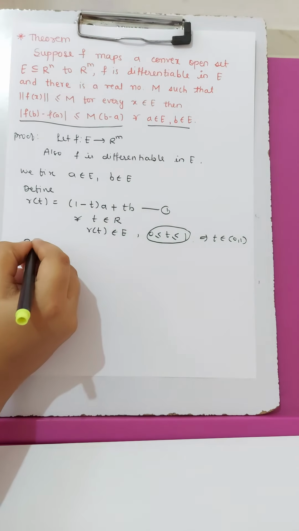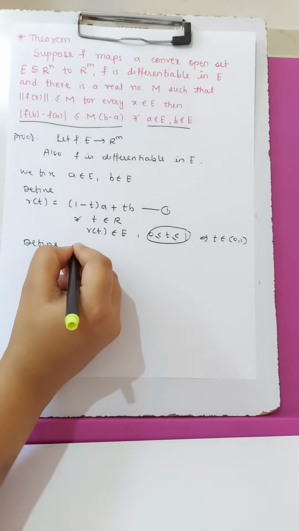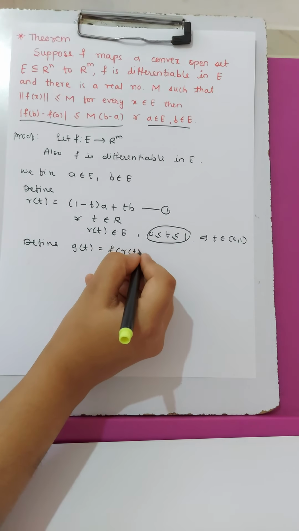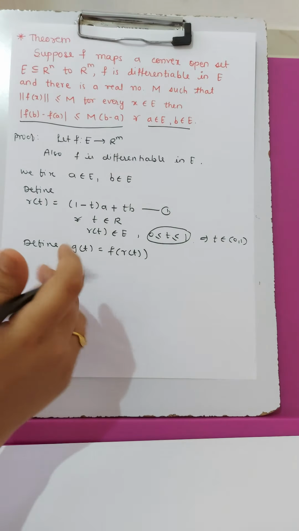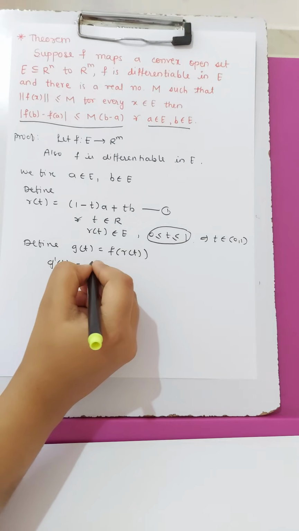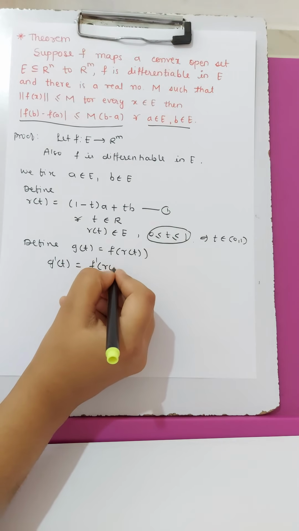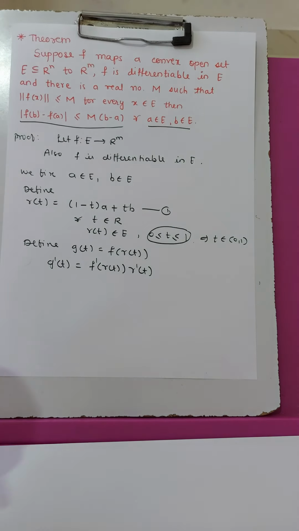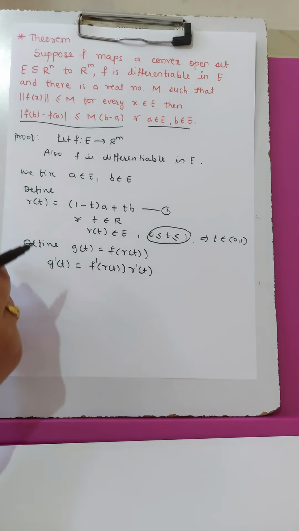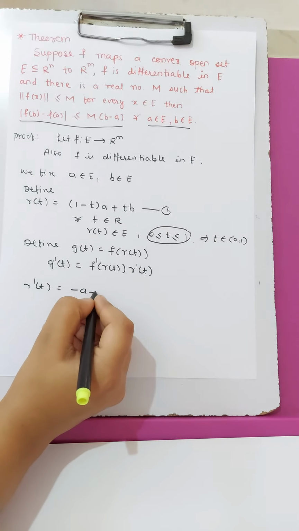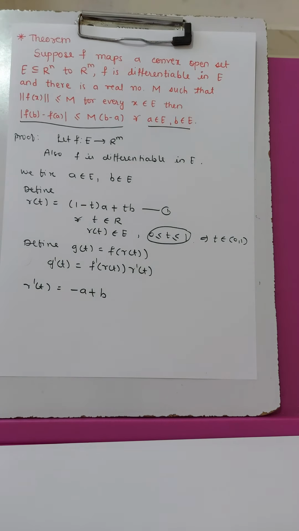Now also define g(t) which is equal to f(gamma(t)), that is the composition of mappings. Now we know that g'(t) will be equal to f'(gamma(t)) times gamma'(t). Now from 1, gamma'(t) is equal to minus a plus b.